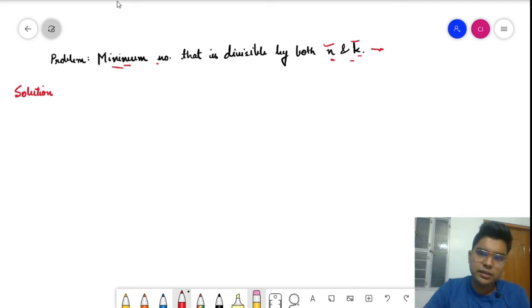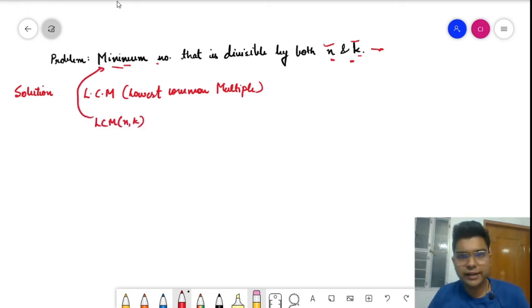That means the smallest multiple of both n and k. What is this called? That is called LCM, lowest common multiple. So if we find the LCM of n and k, that is this minimum number, right?